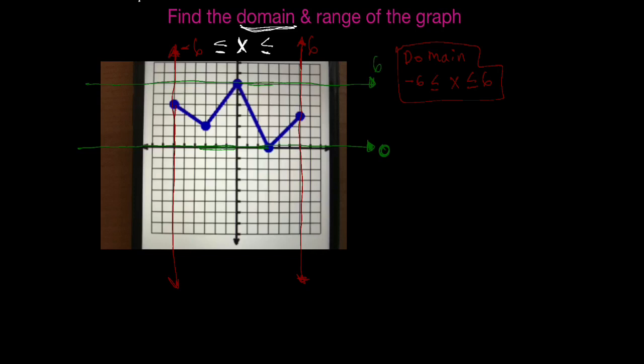Now the range is going to be squeezed between this 0 and this 6. Again, I want to highly emphasize that for the y values, we read from bottom to top. So the range is going to get read as 0 less than or equal to y less than or equal to 6. So that is going to be the range.